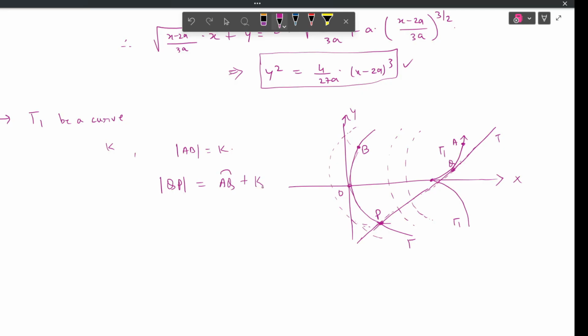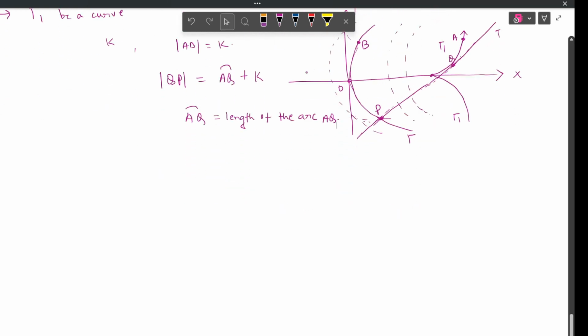So here AQ is the length of the arc AQ. Now what is the method of tracing an involute of a curve?